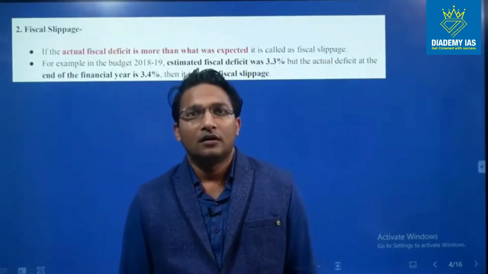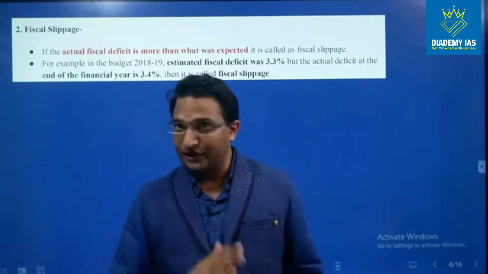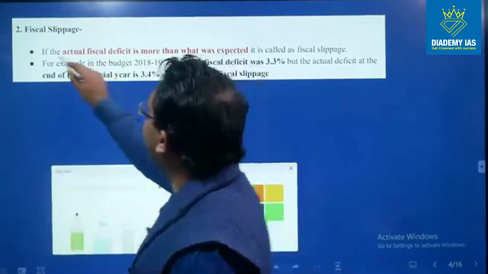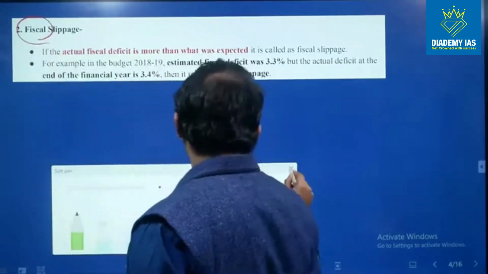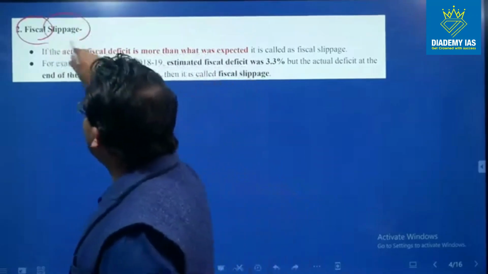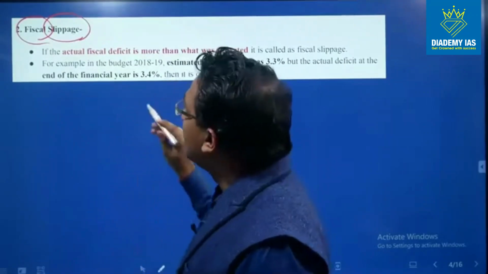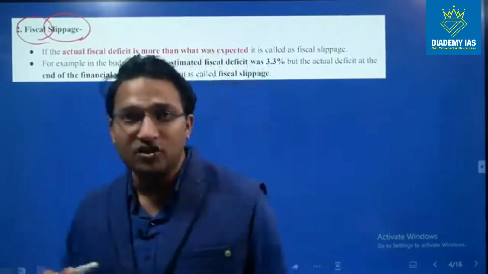Now the next term is fiscal slippage, right? If we see the term fiscal, it is related to the government treasury, and slippage means there is some lag, right? So what is fiscal slippage?